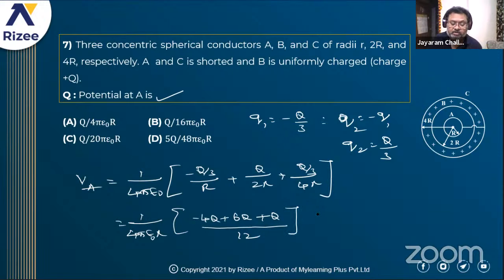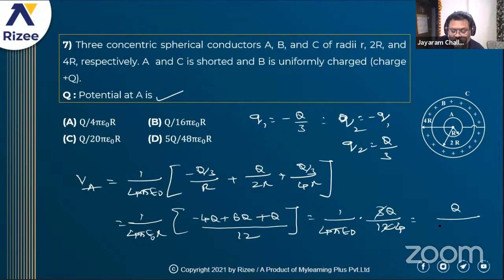So if I substitute these things, this is equal to 1 by 4 pi epsilon naught into 2Q, this will be 3Q by 12. This goes for 4 times. And your final answer will be Q by 4 into 4, 16 pi epsilon naught. So this should be your answer.